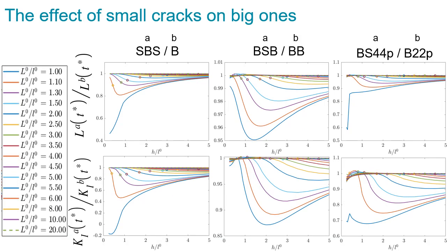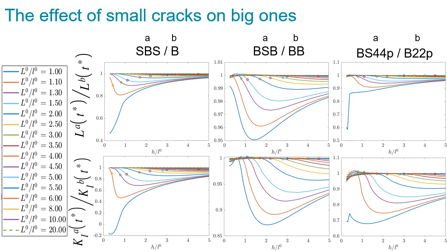Next, we study the effect of the small cracks on the big ones. To separate this effect from the effect of the interaction of the big cracks with one another, we consider the length and the stress intensity factors of the big cracks in configurations containing both big and small cracks, normalized to the same values in the configurations containing only big cracks.